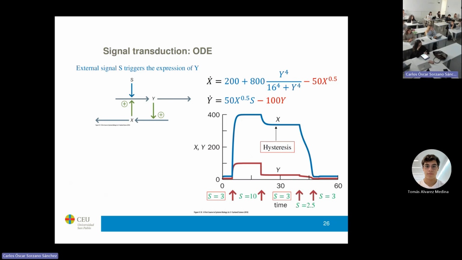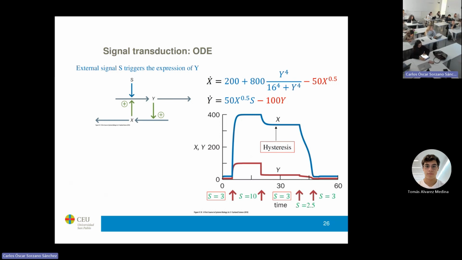Now you simulate and see what the concentrations of X and Y look like. You would expect that, okay, it was 3, it was at some level, then it went up, and if it goes back to 3, this should go down to the same level as before. But this is not what is happening.